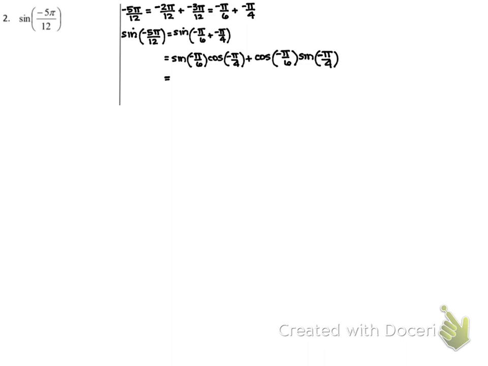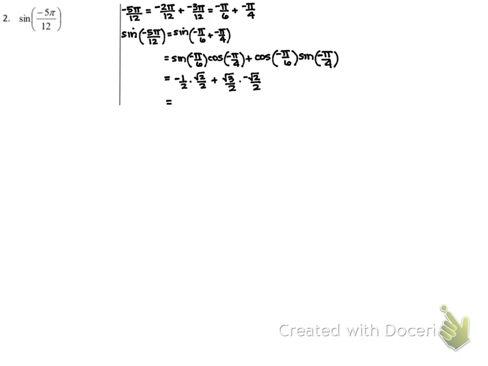So sine of negative pi over 6 is going to be negative half, times cosine of negative pi over 4 is going to be positive root 2 over 2, plus cosine of negative pi over 6 is going to be positive root 3 over 2, and sine of negative pi over 4 is going to be negative root 2 over 2.